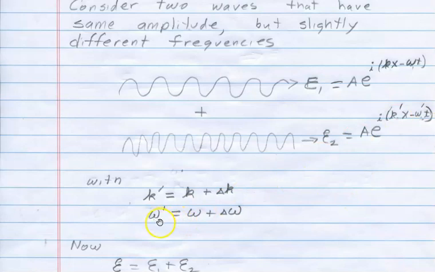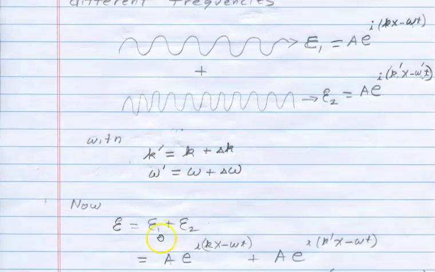Likewise with the frequency, I'll assume we know that the frequency and wavelength are related, and so they will have different frequencies as well, and I'll assume their frequencies are related in a similar fashion.